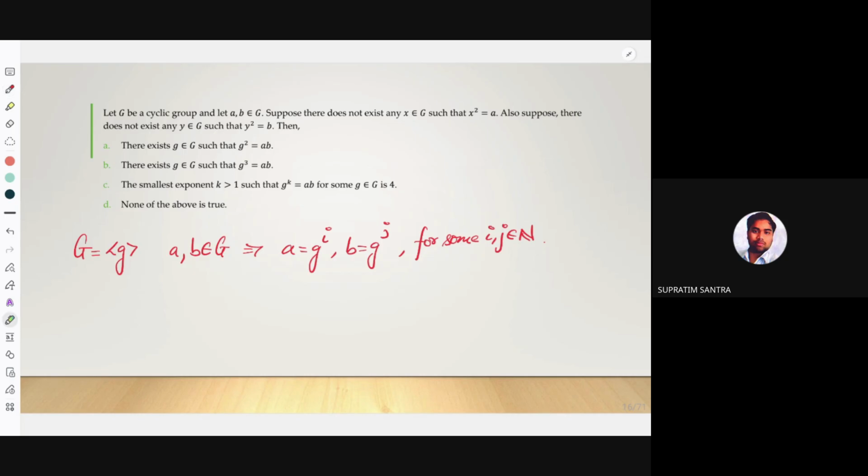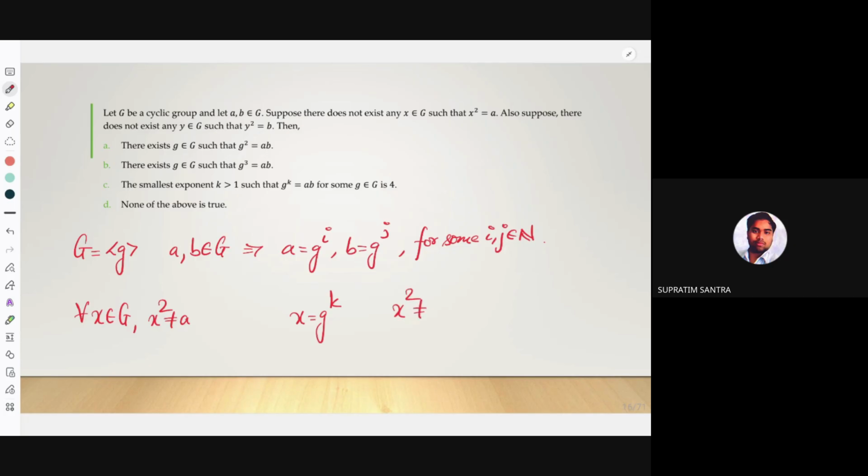So now let's look at this part. Suppose there does not exist any x such that x square equals a. Which means for all x in G, x square is not equal to a. So what can we get from here? You take any x in G, x can be written of the form g power k for some k.